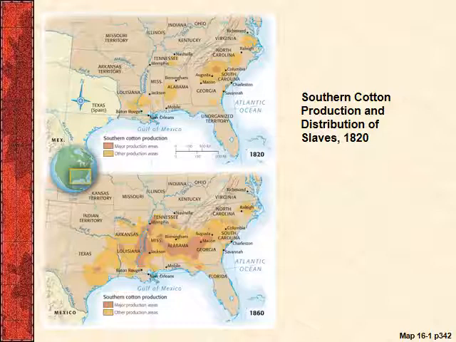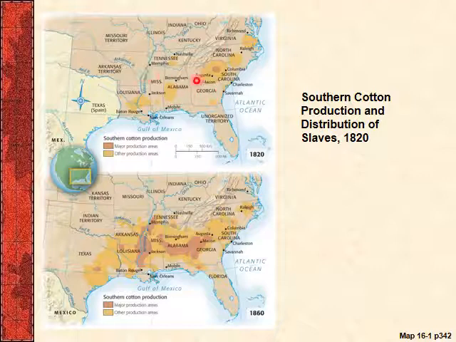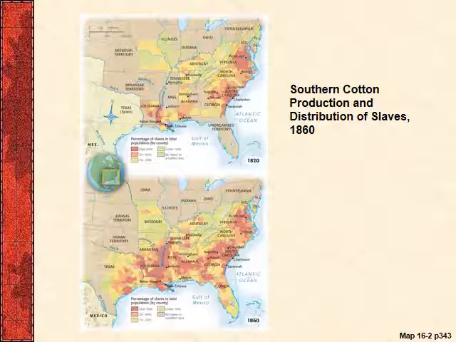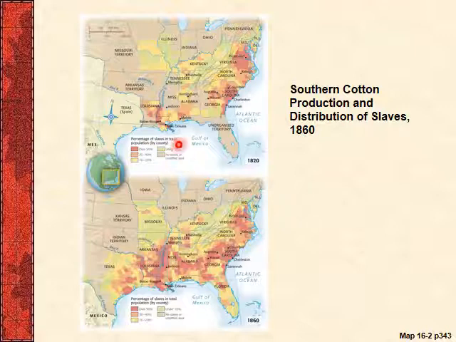This is a kind of a cool idea. It shows you how much Southern cotton production and distribution of slaves grows during this time period. You can see here in 1820, there's really only one major production area, that's in South Carolina, and then 40 years later, you can see it wildly explodes here in the Deep South. Now, that was cotton. Here are slaves, right? So you have here the percentage of slaves in the total population.